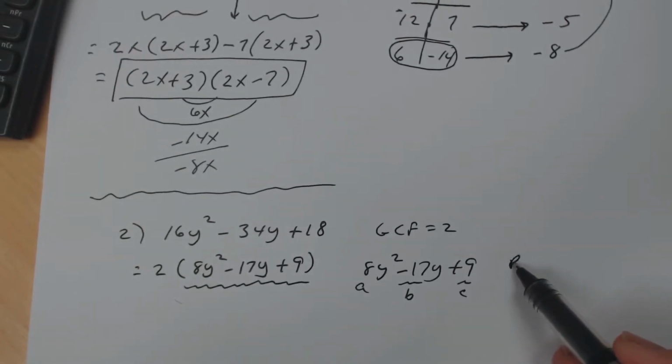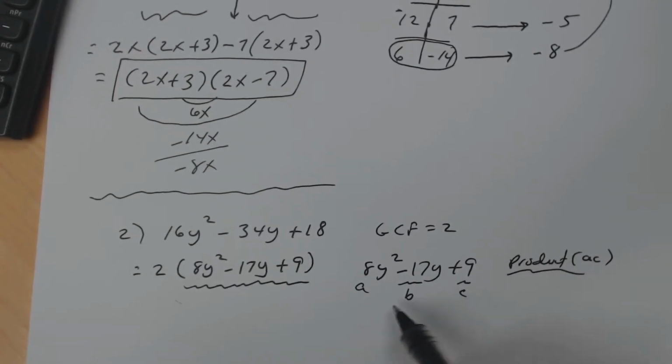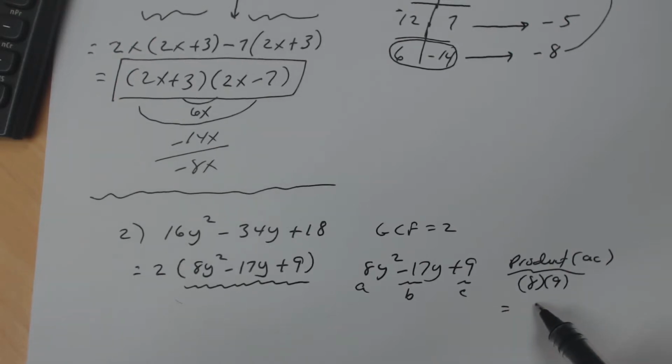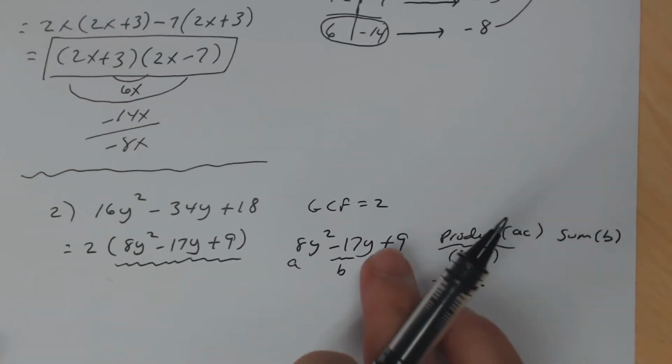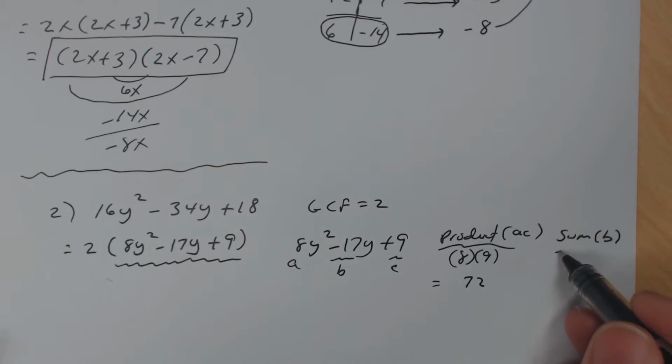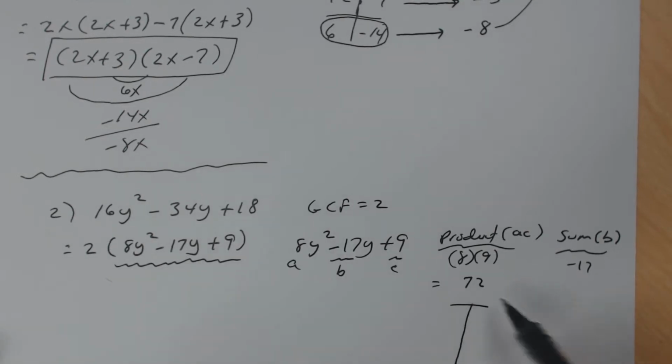All right, so I want the product. Remember, you want the product to be AC. In this case, that's 8 times 9, which is 72. And I need the sum to be B, and B in this case is a negative 17. All right, so let's think of some numbers whose product is positive 72.